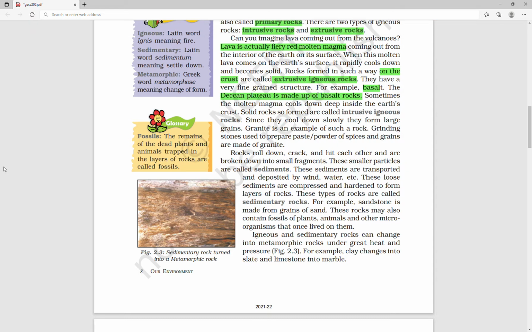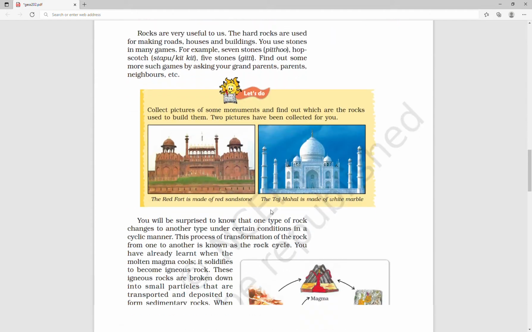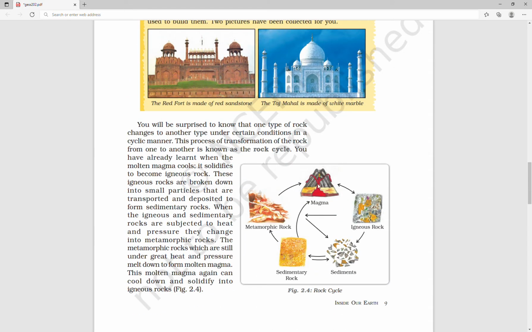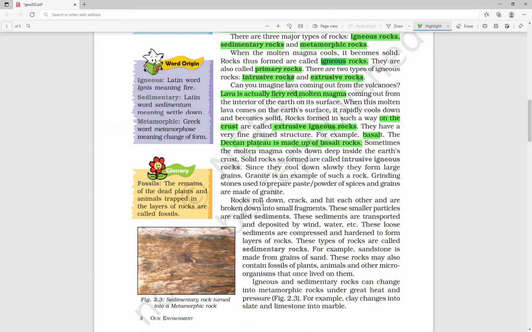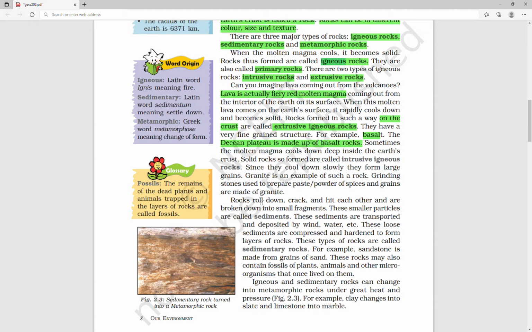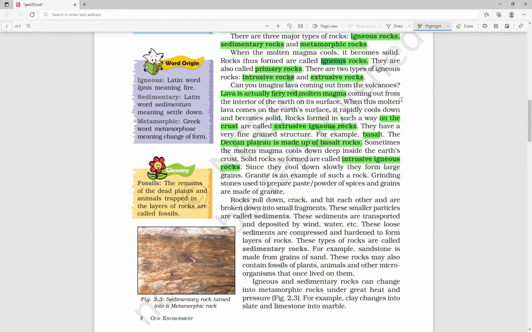Next, sometimes the molten magma cools deep inside the Earth's crust. We have the volcano here, and deep inside the Earth's crust it cools down, right? Solid rocks formed in that way are called intrusive igneous rocks. You can understand it like this: inside means intrusive, outside means extrusive.